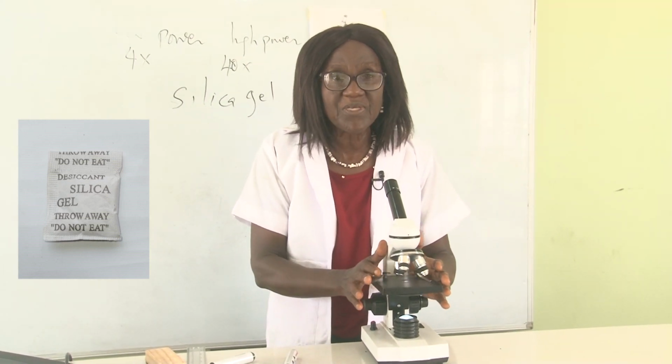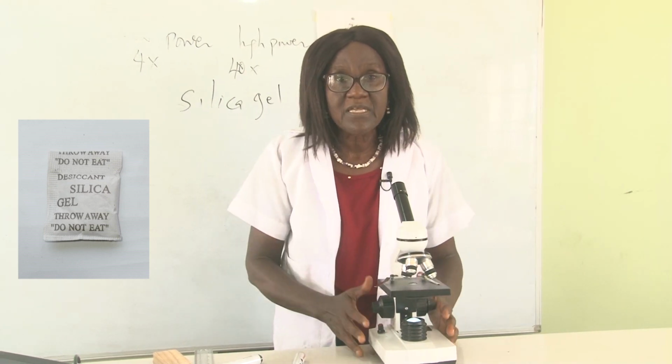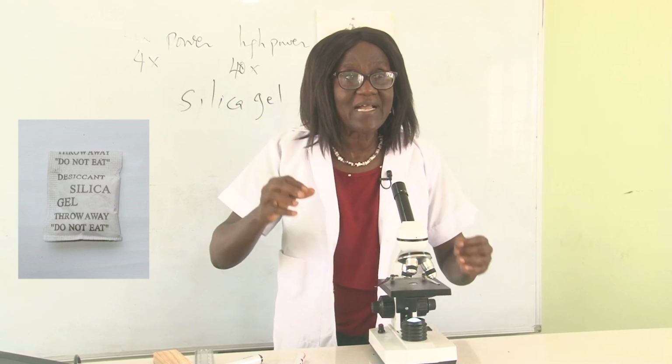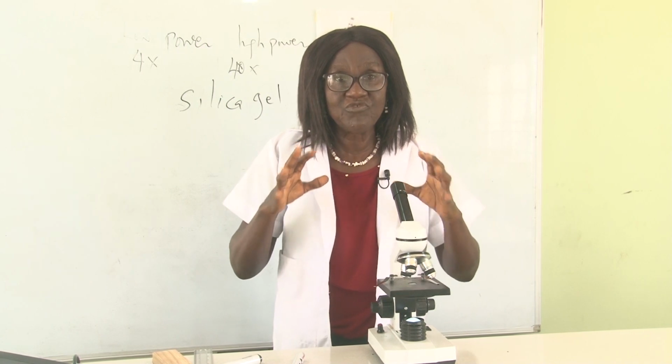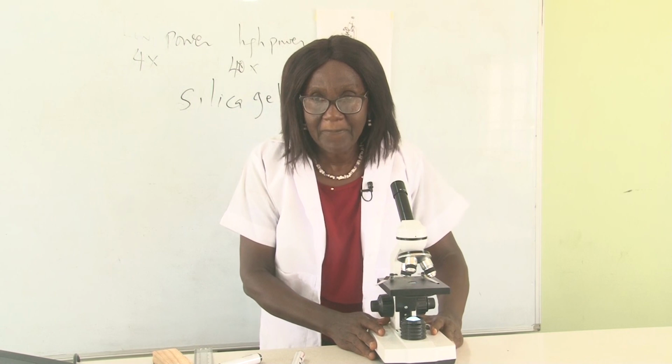That is one way to keep the microscope. Now, the cupboards also can be fitted with light bulbs that can heat the cupboards so that they are kept dry so that fungi do not grow in there.